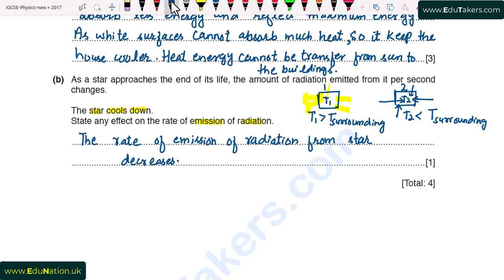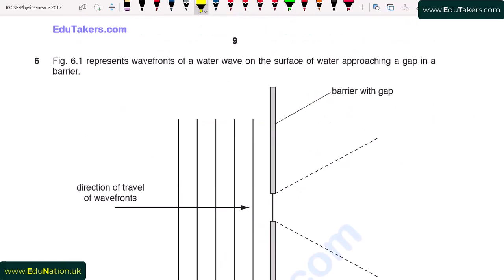And it decreases because the star cools down, its temperature is low.